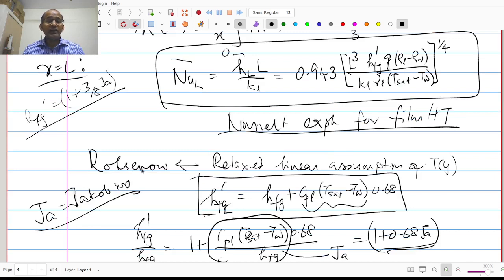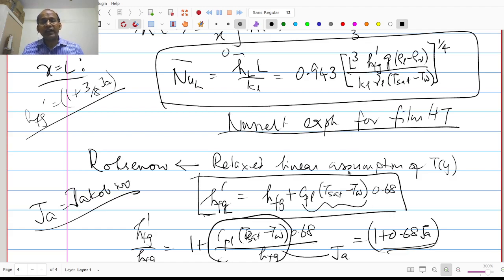Rosenau, when he did the analysis, said: why do we need to assume a linear temperature profile? We can do the integral analysis assuming a more complex temperature profile. So he assumed a power law temperature profile. I think it's a third degree power law temperature profile, just as we do for a boundary layer temperature profile. And with that, the constant changed.